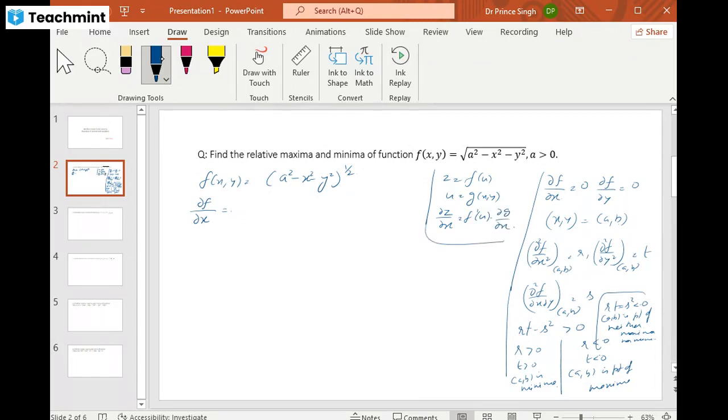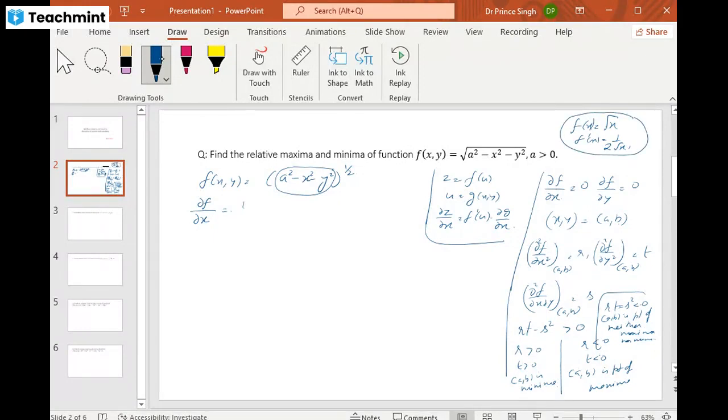So here, this is our u, which depends upon x and y, and your function is the square root of u. What is the derivative of the square root? If f of x is the square root of x, then f dash x is 1 by 2 times the square root of x. So we are using this derivative formula.